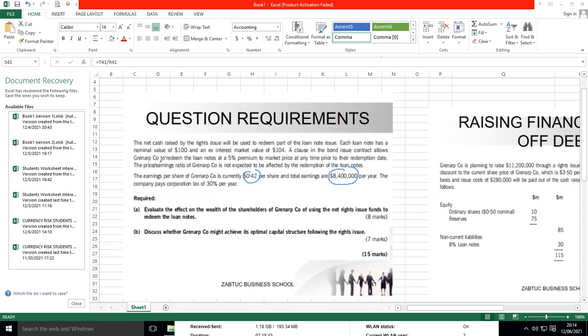They say that the price earnings ratio will not change after the redemption. So the first thing that you do is you calculate the price earnings ratio. Please, can you find the price earnings ratio? Price earnings ratio is the share price divided by the EPS.